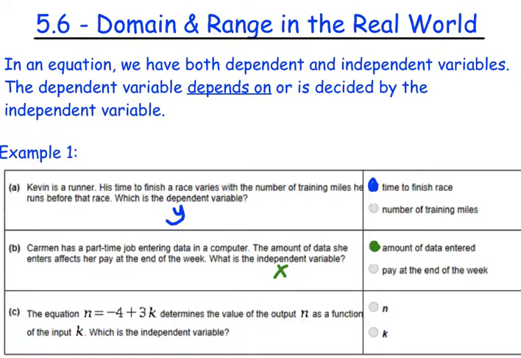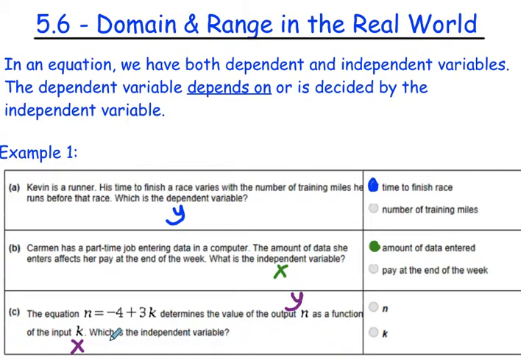In this last example on this screen, we are working from an equation. So you have the equation n equals -4 plus 3k. And it says that determines the value of the output n as a function of the input k. So if we remember, our input values from earlier in this chapter were always our x's, and our output values were always our y values.